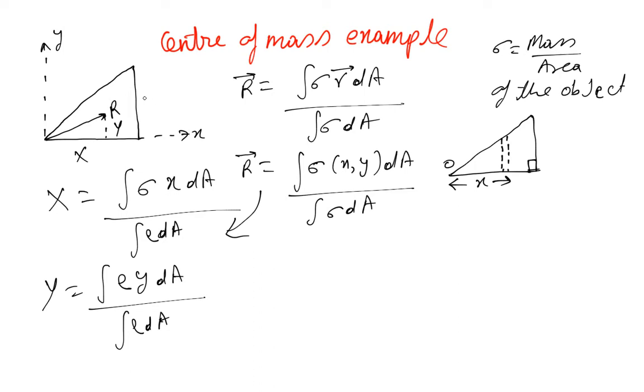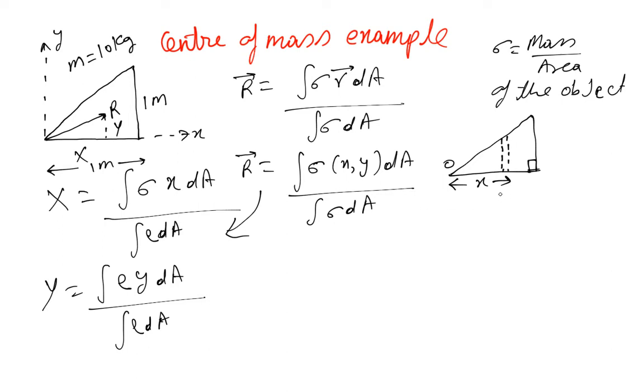I should have given more information. Let's say this is 1 meter, this is also 1 meter, and the mass is, well, mass really won't make any difference, but for the sake of completeness, say the mass is 10 kilograms, right?